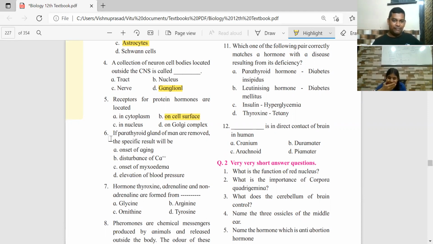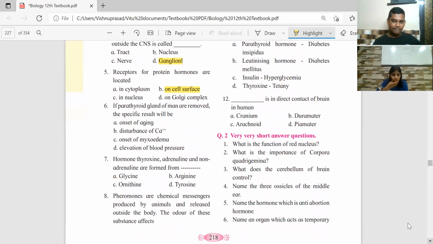Okay. Next, if parathyroid gland of man are removed, the specific result will be: onset of aging, disturbance of Ca, elevation of blood... What will be the result?